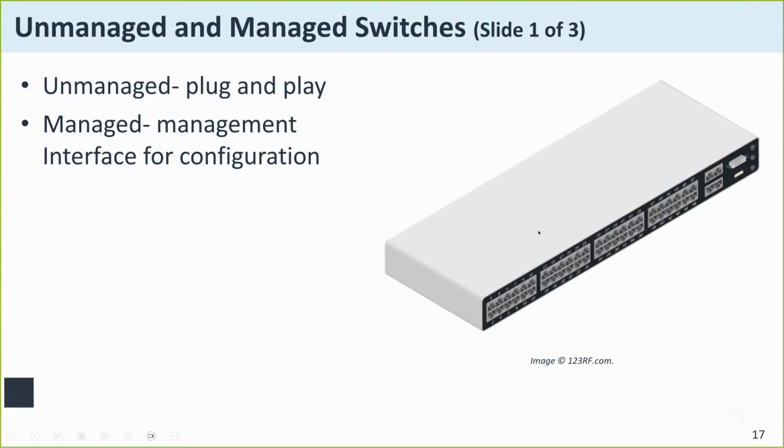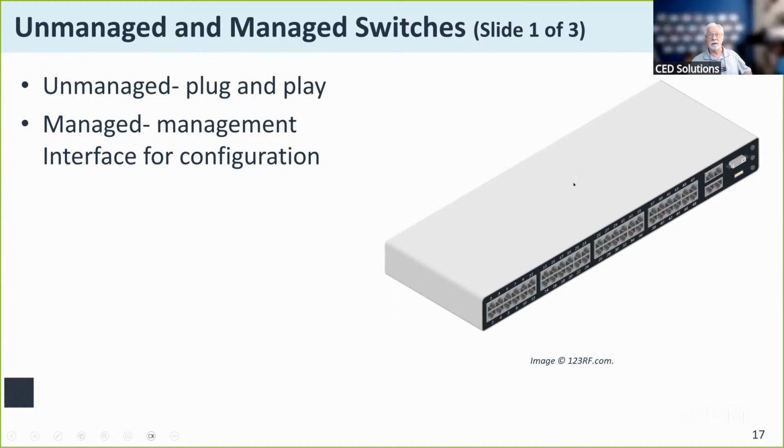Now, the managed ones, they have a control language down under the covers inside the switch itself. And some of them are starting to give you a graphical, web-based looking interface that you can manage the thing with, or you can get down into the switch command language itself and do the configuration there as well. The largest one I've ever worked with personally had 48 ports on it.